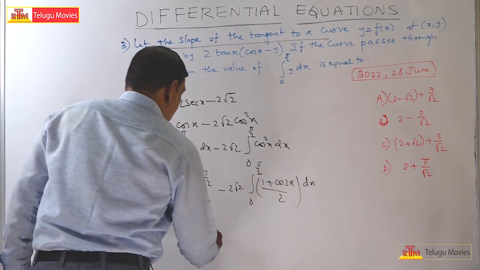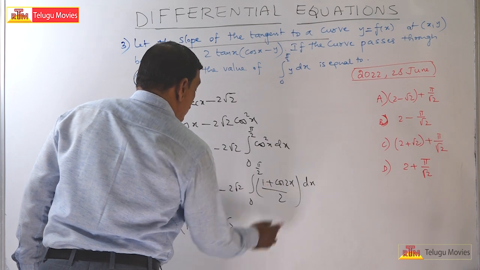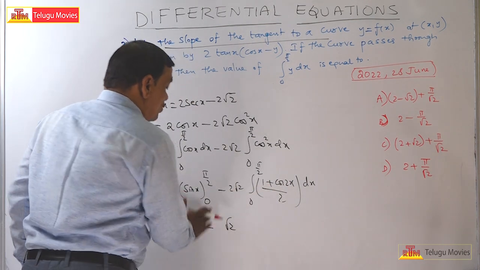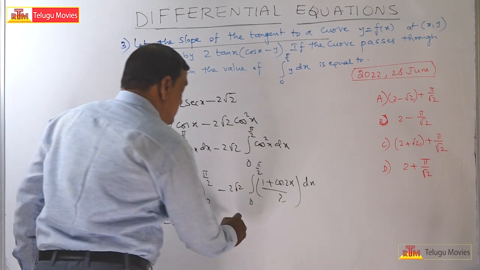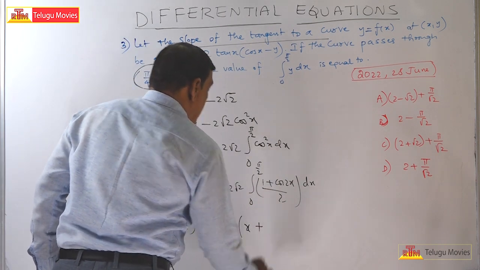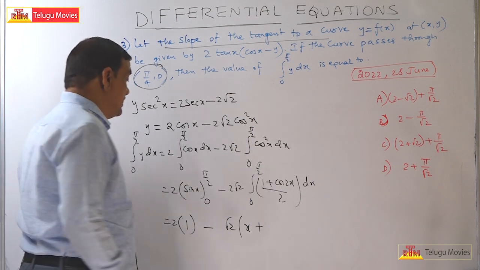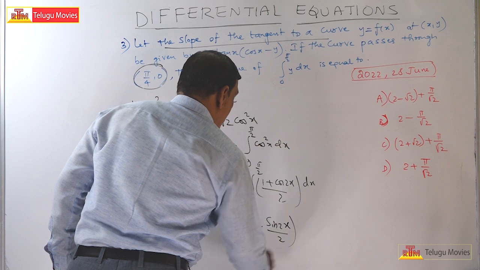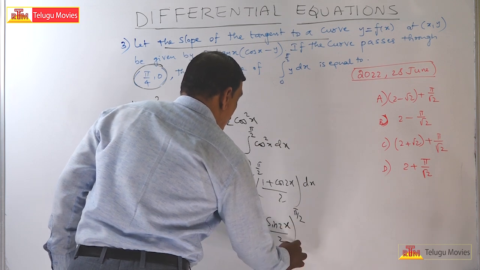Now, minus 2 root 2 into, if you take this, the 2 will get cancelled, so we will put root 2. For 1 it is x, plus the integral of cos 2x, which is sin 2x by 2, from pi by 2 to 0.